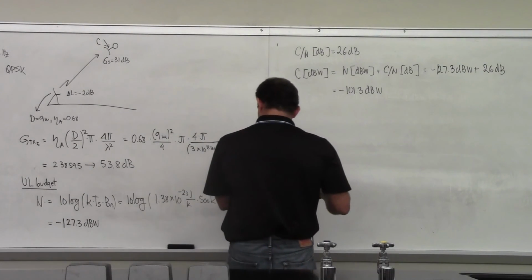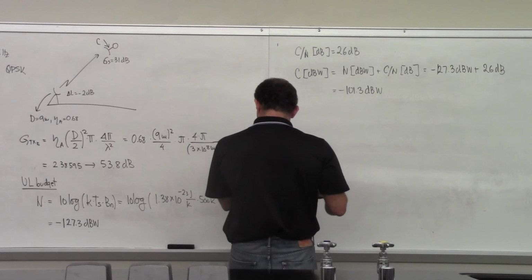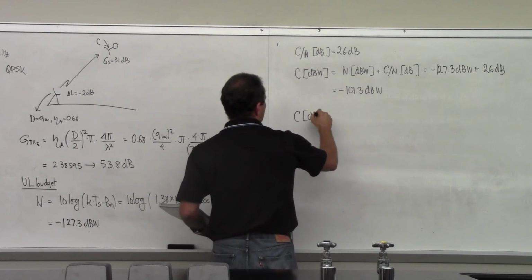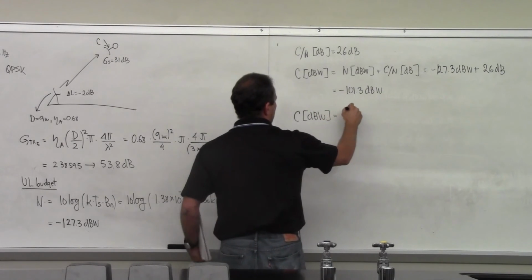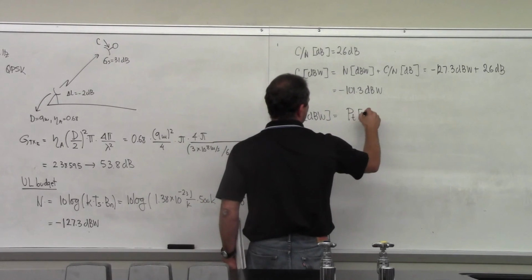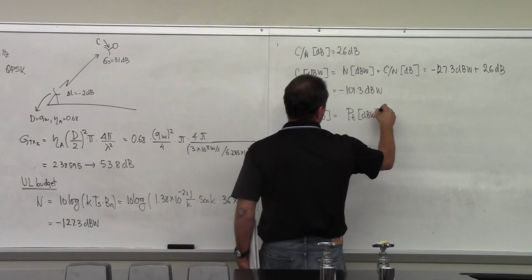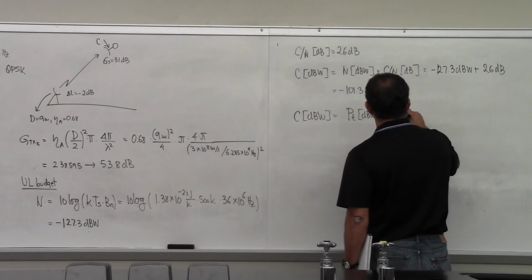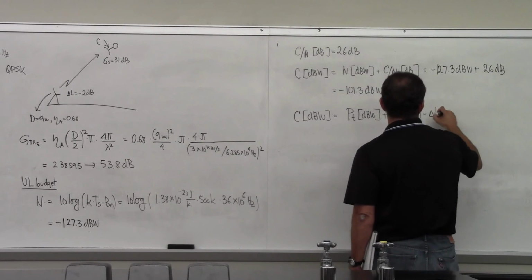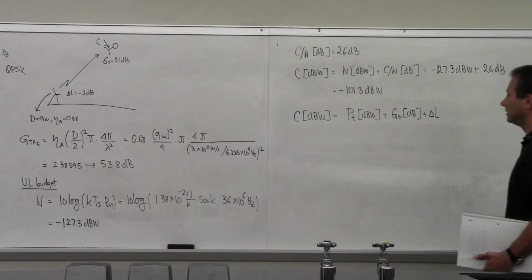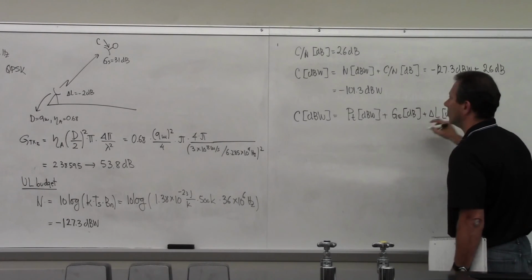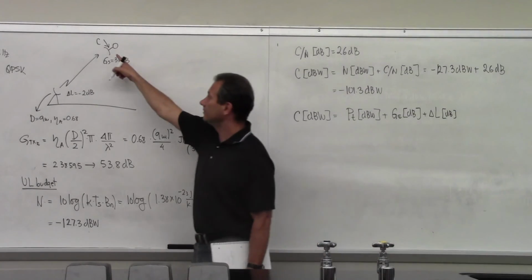Well, that signal power is going to be whatever you deliver to the antenna in dB watt plus the gain of the earth antenna in dB, minus delta L, or rather plus delta L because I had it in negative over there, because you're off the main beam of this antenna here.